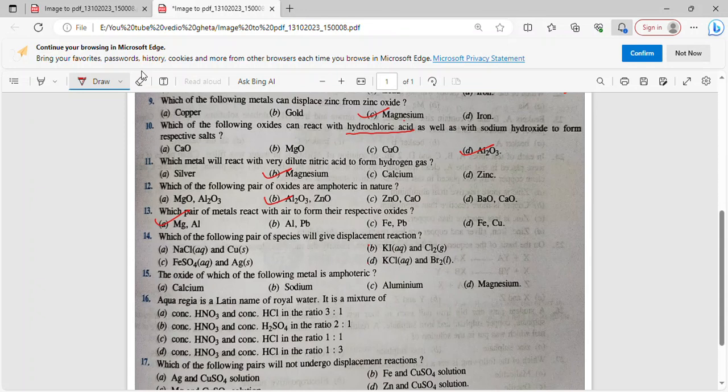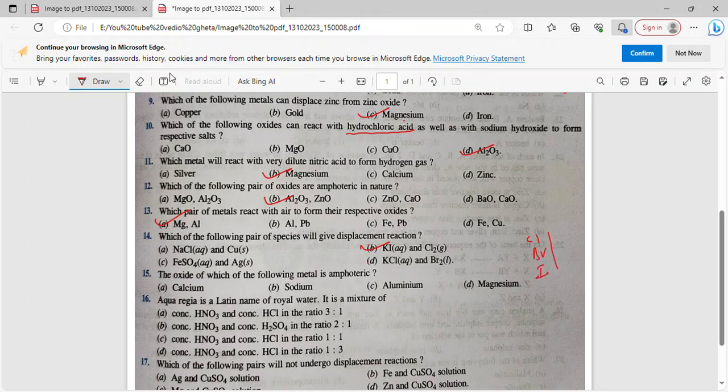So chlorine, bromine, and iodine can be the possible ones. Which one do you think? I think it will be potassium iodide and chlorine, first chlorine, then bromine, then iodine.